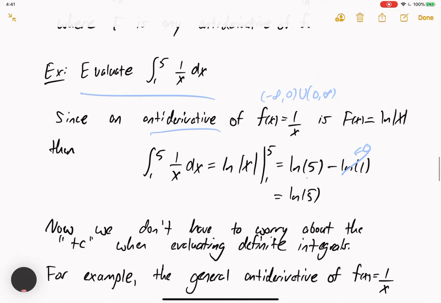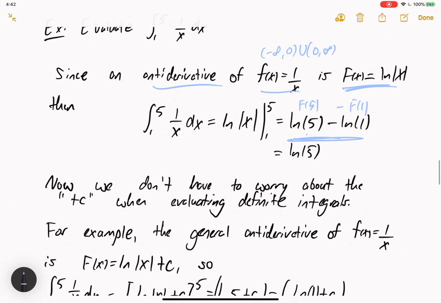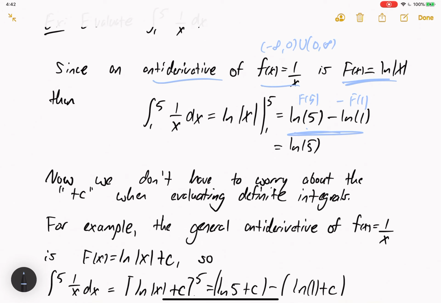All we did for this problem was find an antiderivative: we figured out what our integrand was, 1 over x, and we found an antiderivative of f of x, the ln of the absolute value of x. And we just used that information to find this difference right here. So this was like f of 5 minus f of 1, because this is the part that's important. And that's going to equal ln of 5.